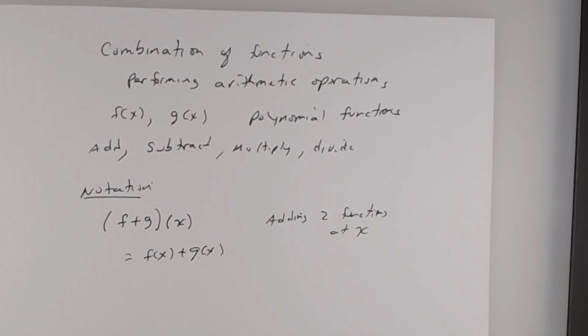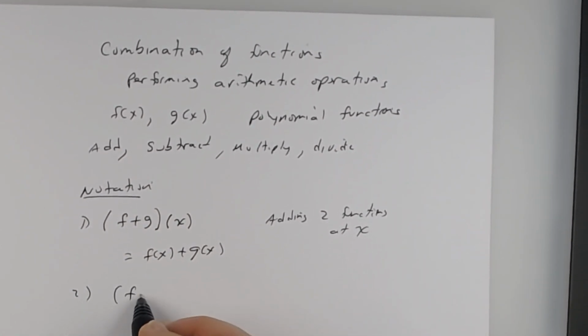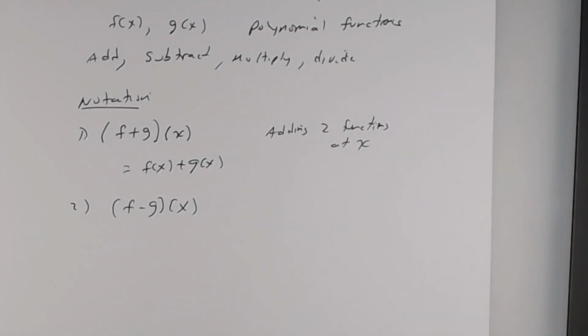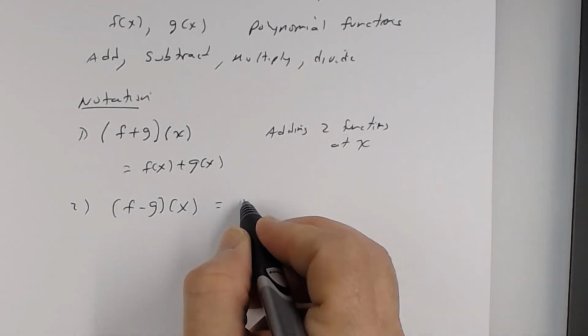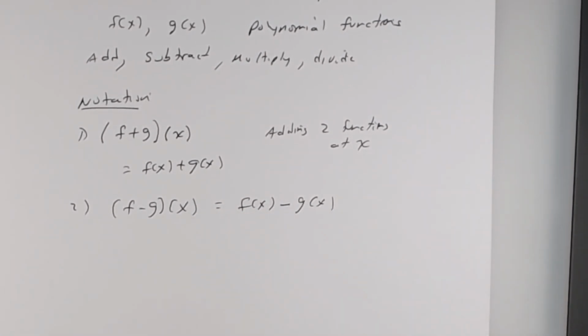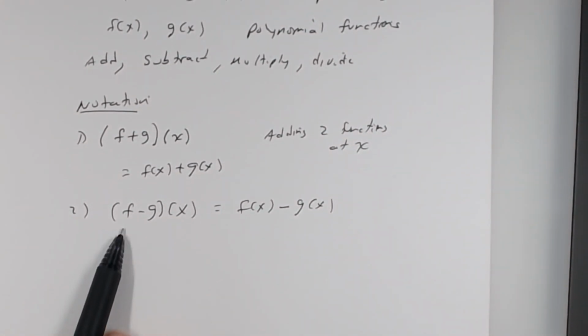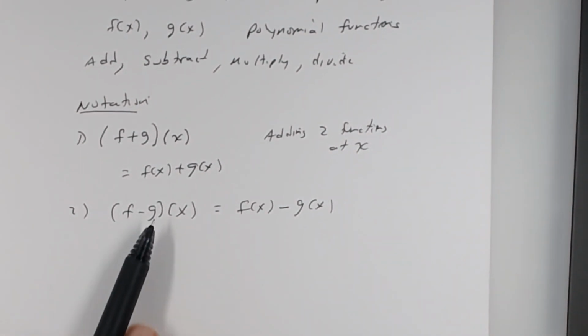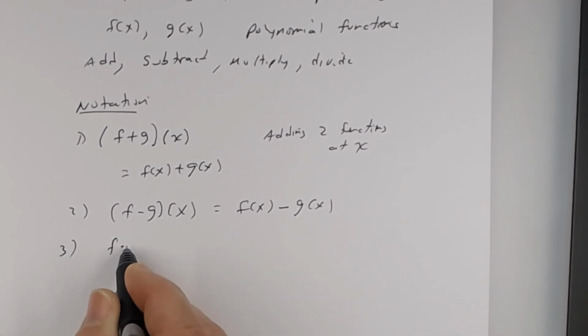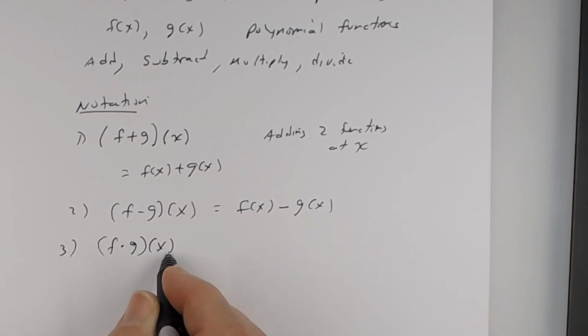Okay? Number one. Here's number two. f minus g at x. Using that same idea, what do you think that could be written as? f of x minus g of x. That's what that is. Good. So whatever's listed first goes first. Number three. f times g at x.